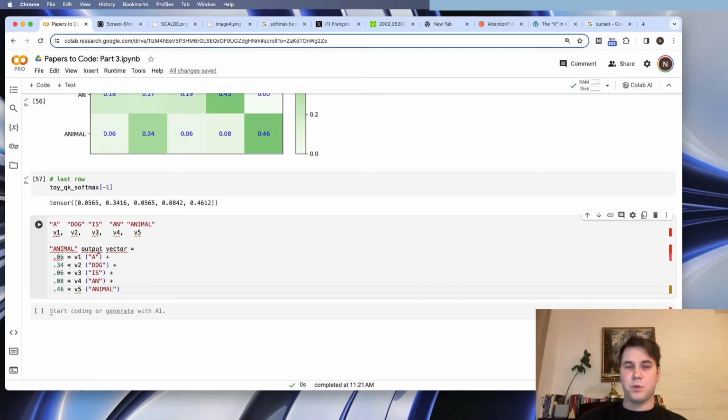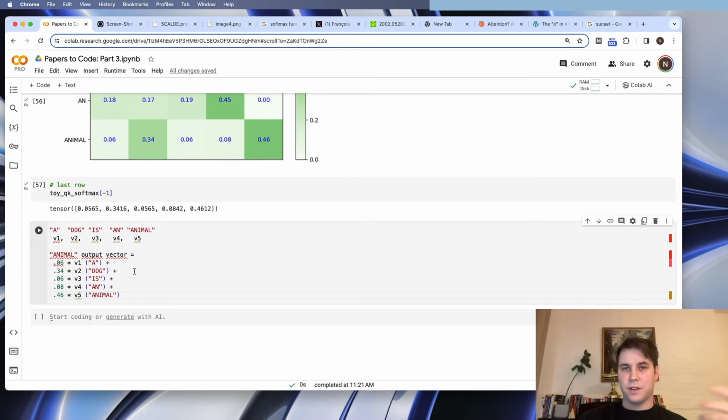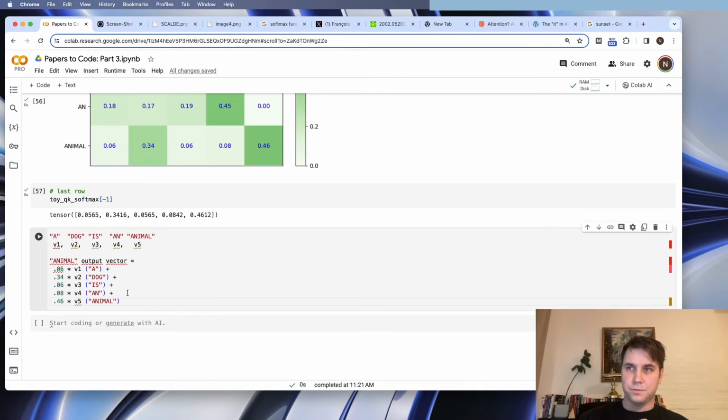So the animal output vector, if you pull it out from the final query key value matrix, is just going to be a weighted sum of the other tokens. So it'll take a little bit from A, a lot from dog, 0.46 from animal. And so this final representation has basically got to see all of the other tokens in the sequence.